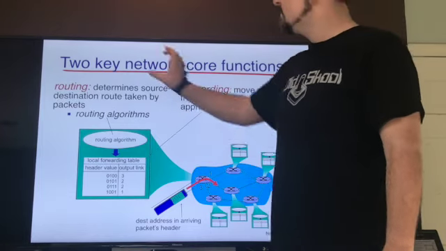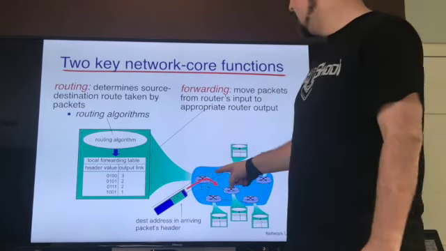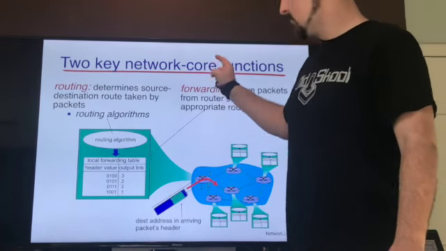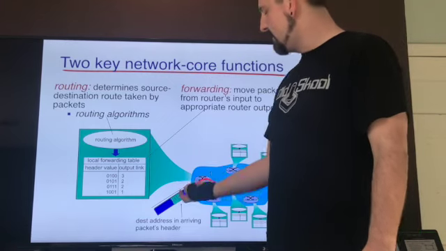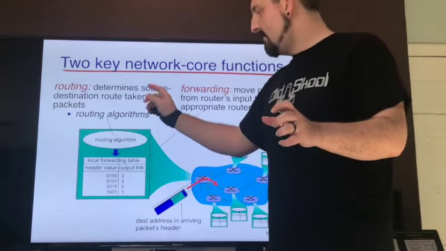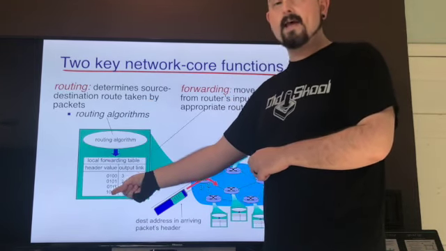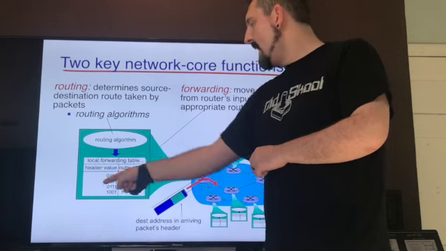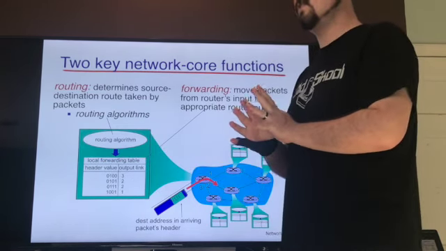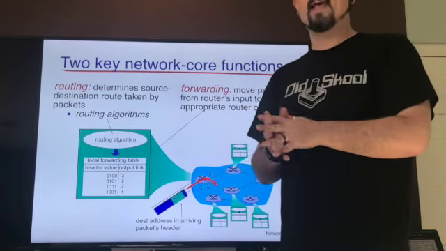A router runs a routing algorithm to build the forwarding table, and then as soon as it receives a packet, the process of forwarding is looking up the packet's destination address, matching that destination address to one of my entries in the forwarding table, and then determining what link that packet should go out on, and then you put that packet on the link, and thus you have forwarded that packet.